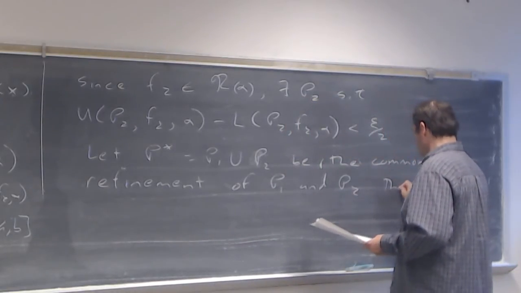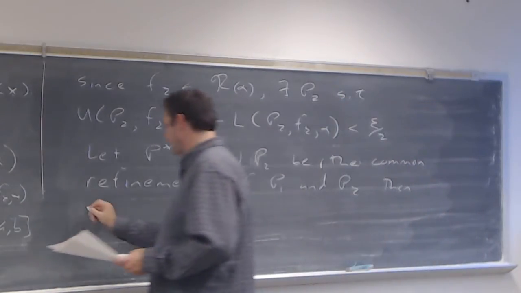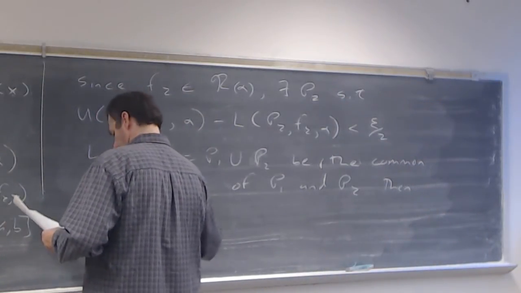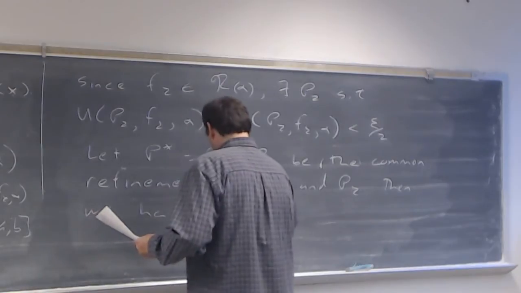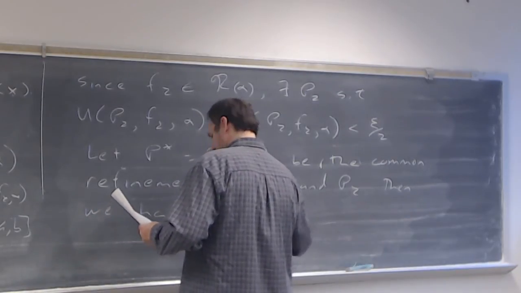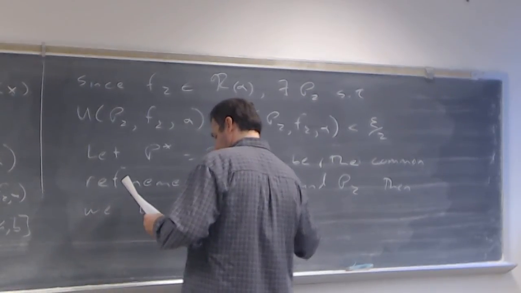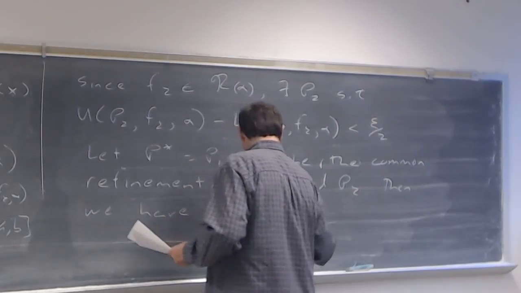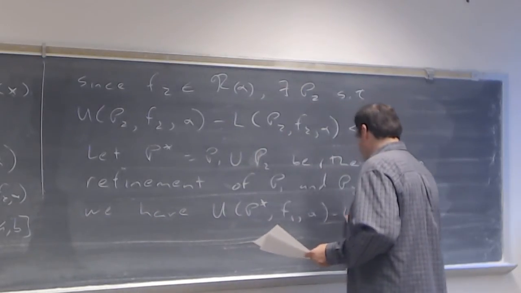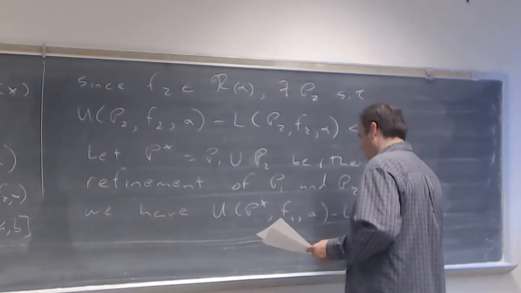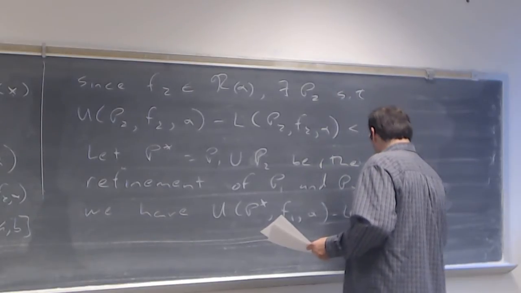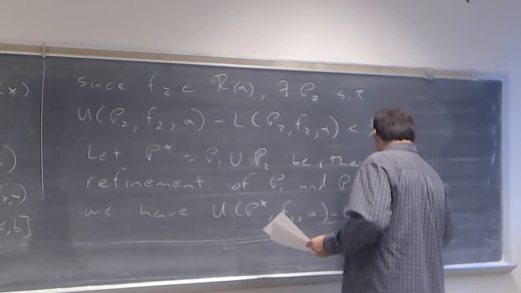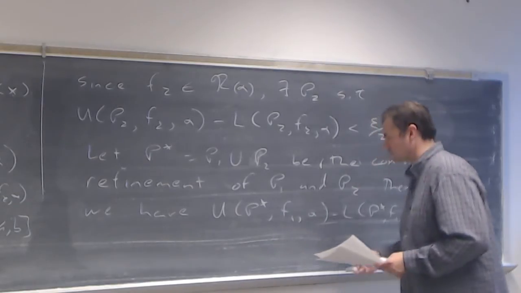Then what we have is that the upper sum with P* of f_1 and alpha minus the lower sum with P* of f_1 and alpha is going to be less than epsilon over 2.